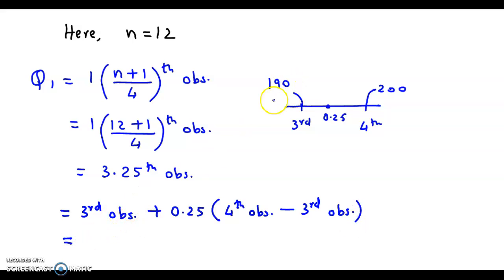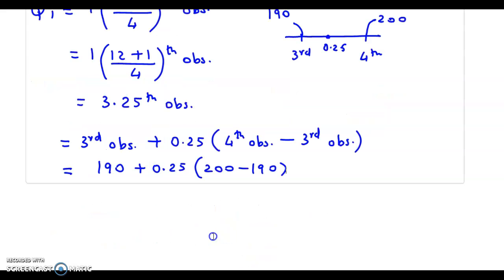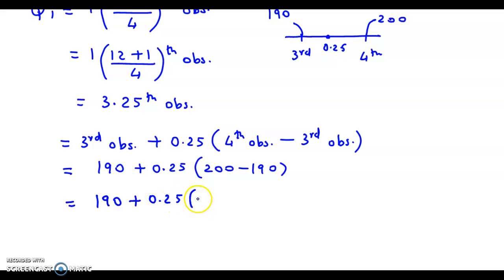Now let us substitute the values. The third observation is 190 plus 0.25 times the difference, 200 minus 190. Now if we simplify this, we get 190 plus 0.25 into this difference, which is 10.